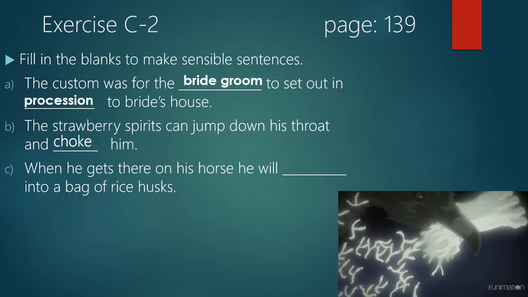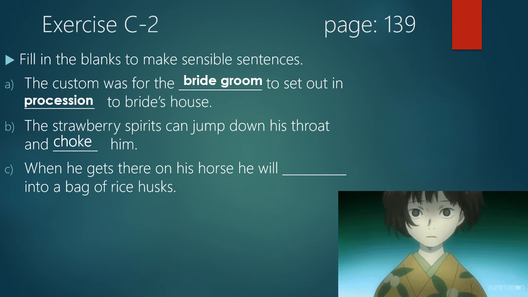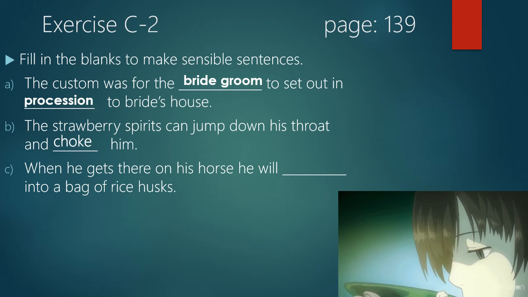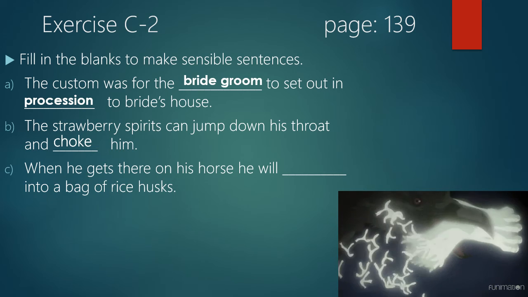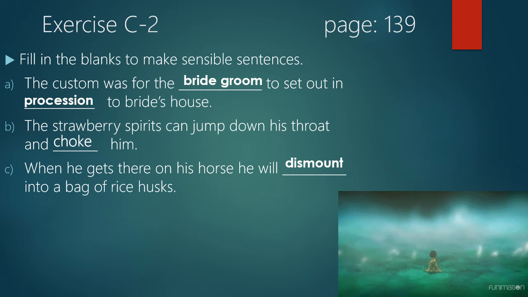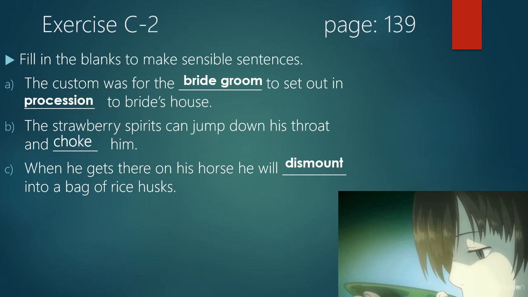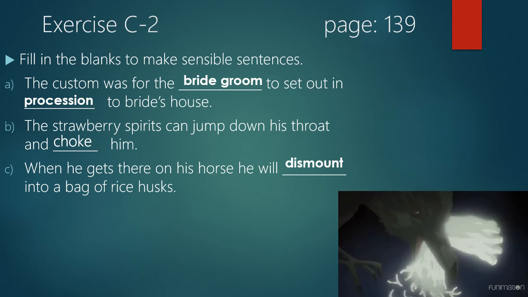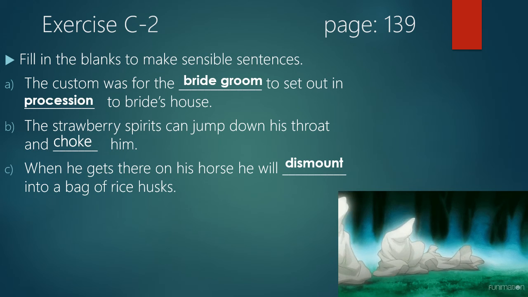Next one is, when he gets there on his horse, he will dash into a bag of rice husks. You are right. In this blank comes dismount. When he gets there on his horse, he will dismount into a bag of rice husks.